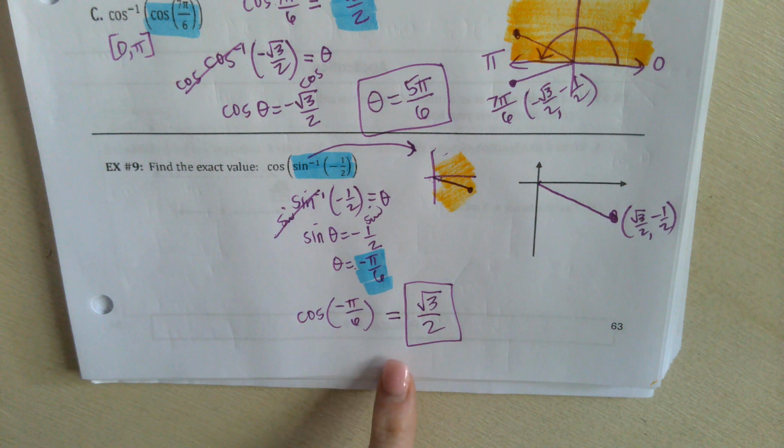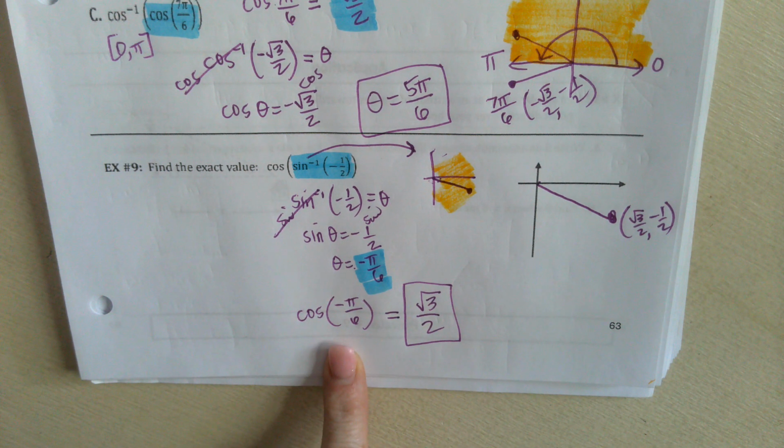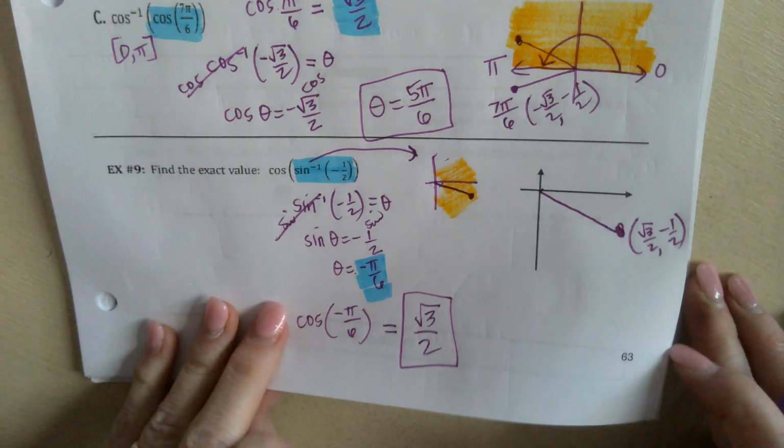Notice I didn't say that theta was equal to that, because here I wasn't solving for an angle. Okay? All right, very quickly, I need to get through 2 more problems, okay, in 2 minutes.